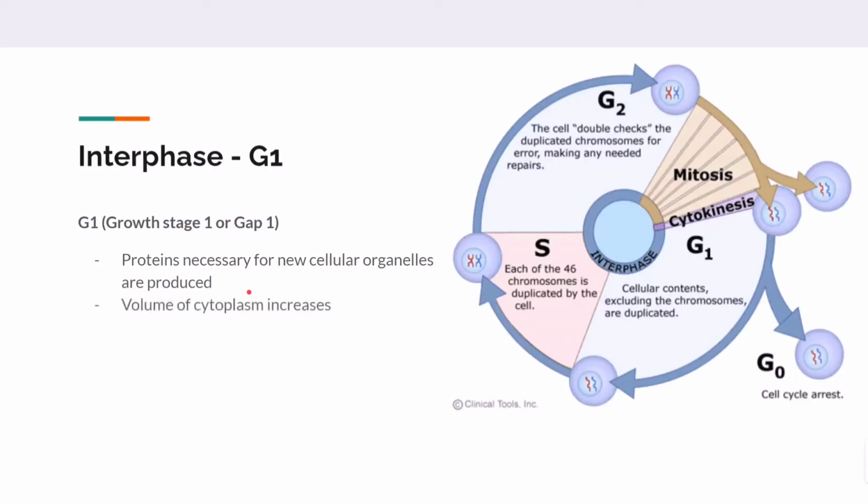Also the volume of cytoplasm increases, because there needs to be enough cytoplasm for our two daughter cells to be full identical copies of our original cell.